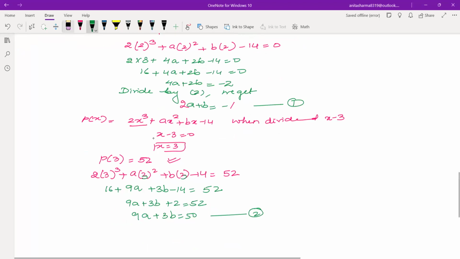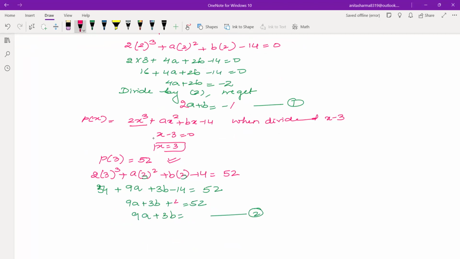Oh, right, I thought about the 2 cube. So it will be 2 times 27, 54. And it will be 40 then, right?